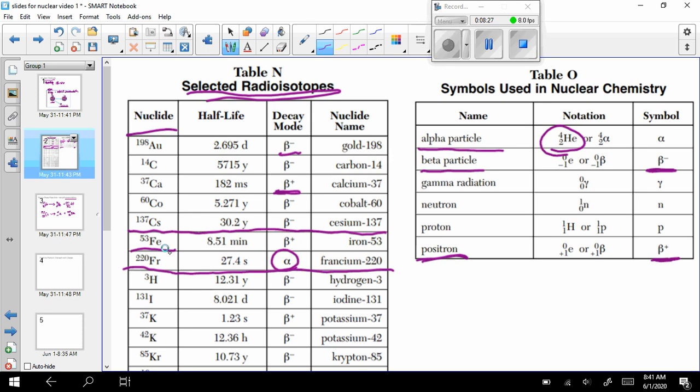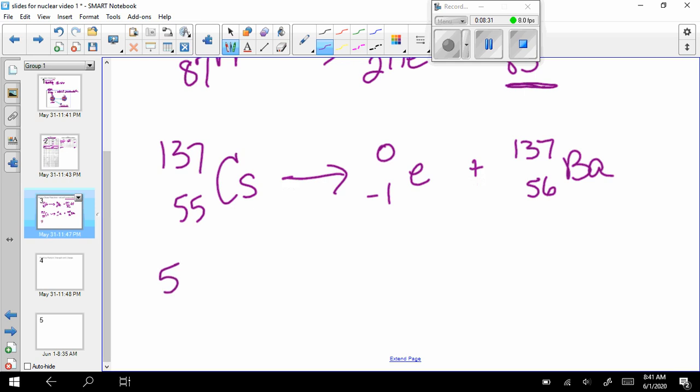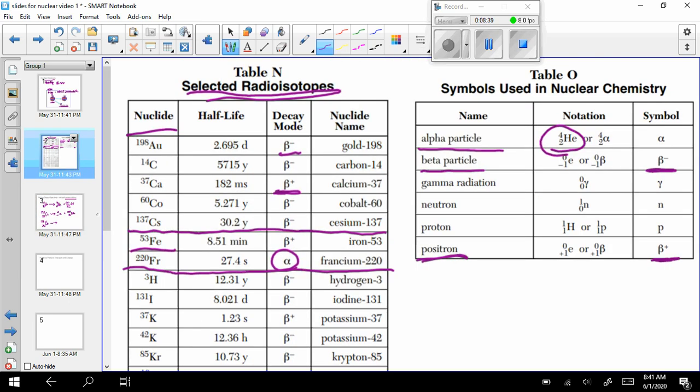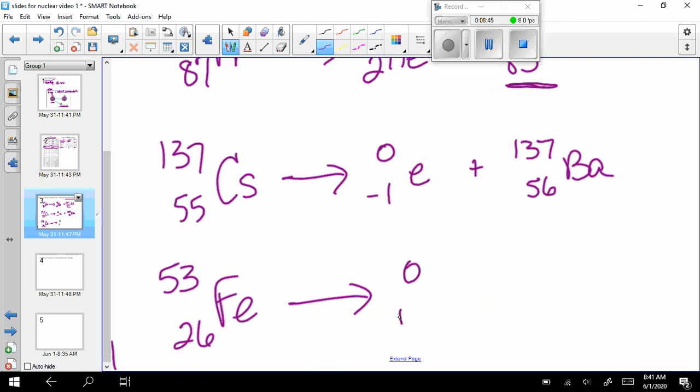53 Fe does beta plus. Fe is iron, it's number 26. It does the beta plus, so 0, plus 1 e.